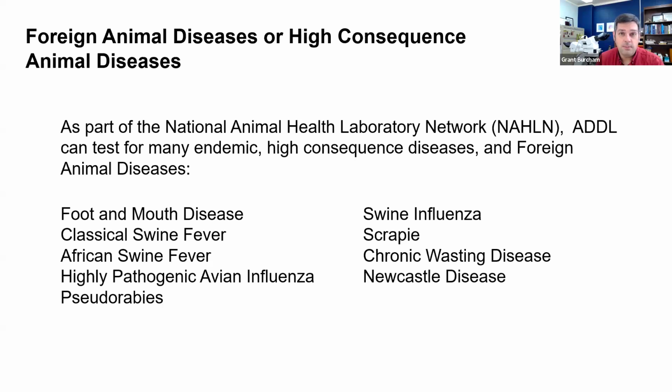So one that's recently been in the news a lot and that we have spent a lot of time on is the highly pathogenic avian influenza, or bird flu. This is a disease that was considered a foreign animal disease, still is, but we have currently now within North America and have been dealing with for the past few years.